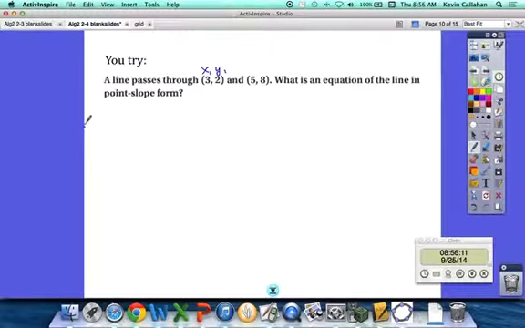So what was the slope? The slope should be 3, right?